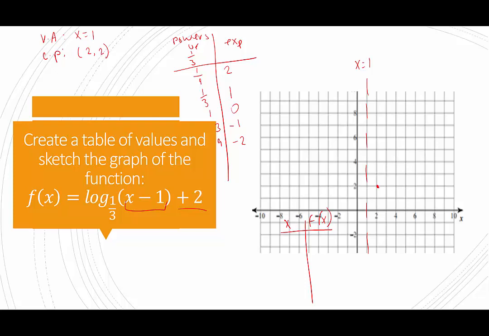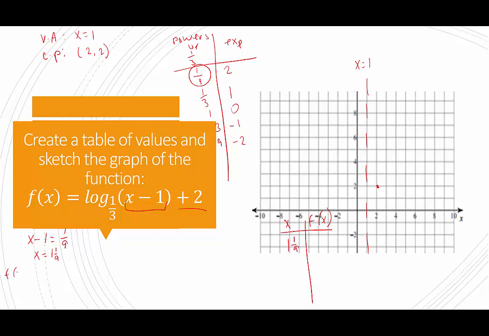And we want to choose our values carefully, as I said. So first, we want the argument to be 1/9. Well, how do we get the argument to be 1/9? That means that x minus 1 needs to equal 1/9. We would add 1 to both sides, and we would get 1 and 1/9. So the first x value I want to use will be 1 and 1/9.